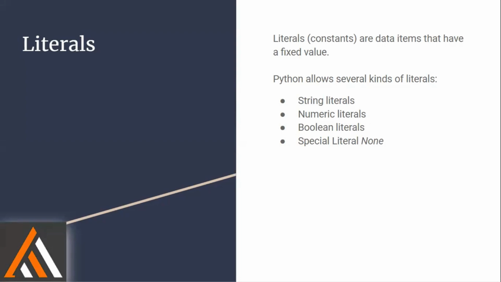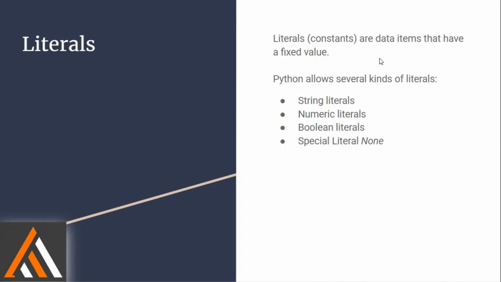A variable named first_name will further be used in the program, and whenever it is used, it will always have the value Mudassar. So literals are the value or a constant or a data item that has been assigned to the variable.